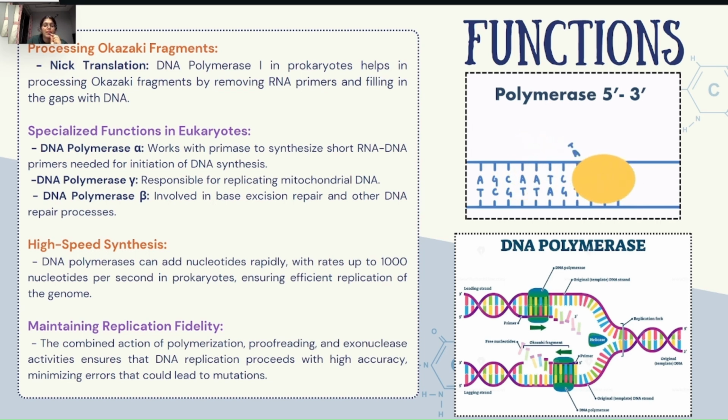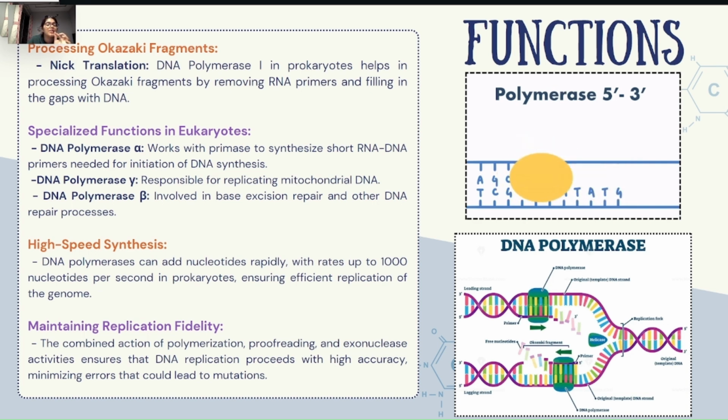Then we have maintaining replication fidelity, the combined action of polymerization, proofreading, and exonuclease activities that ensures DNA replication proceeds with high accuracy, minimizing errors that could lead to mutation.